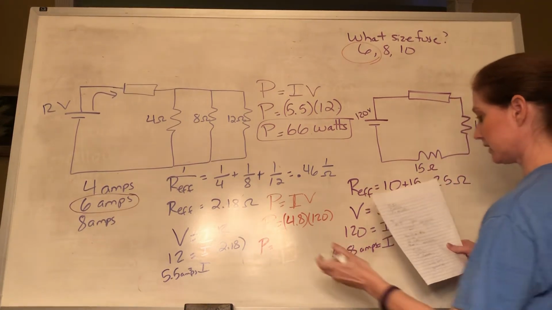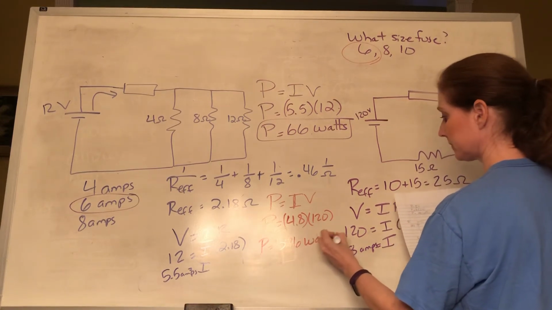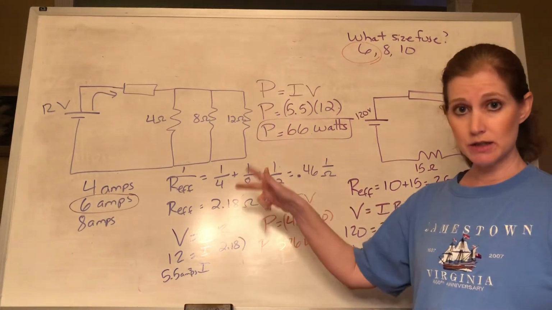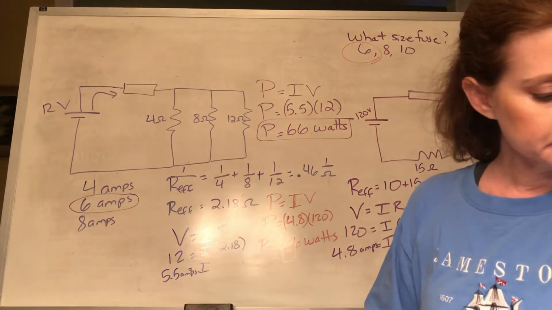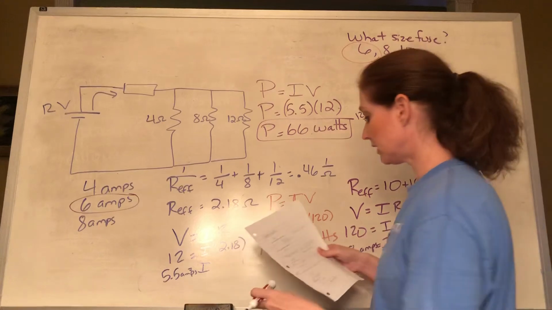And multiplying that, we have 576 watts. Alright, so we've done circuits in series and we've done them in parallel. Now we're going to do complex circuits, where we put series and parallel together.